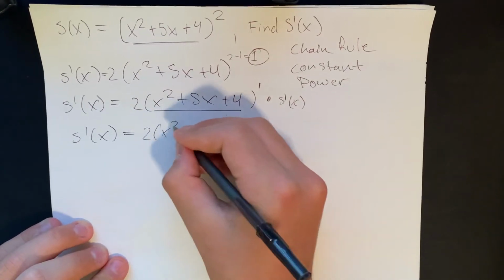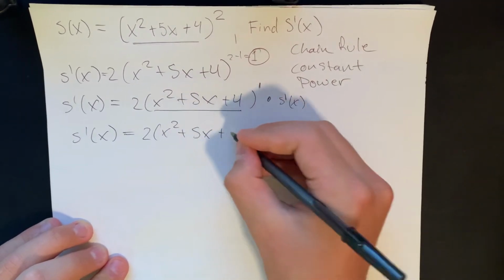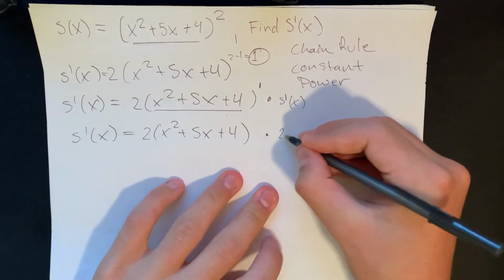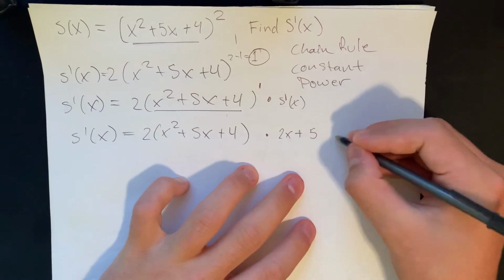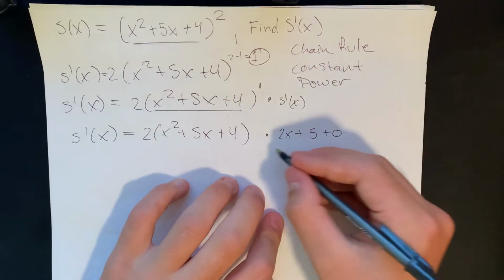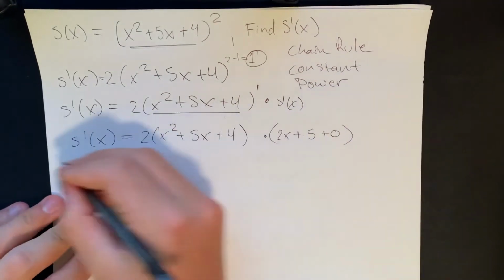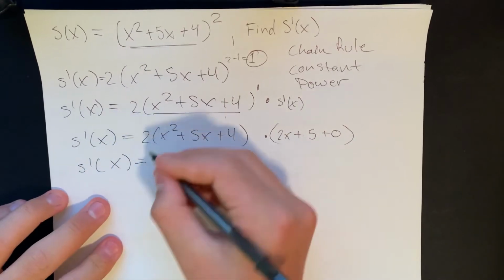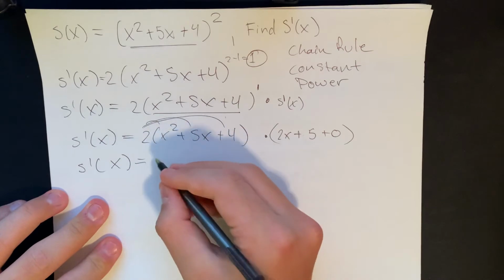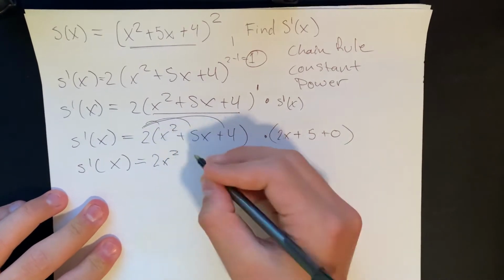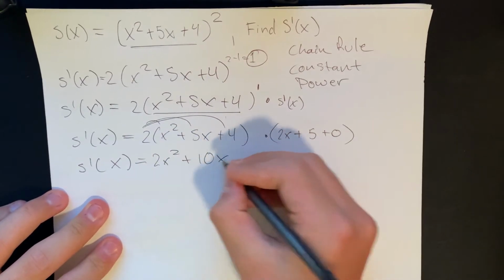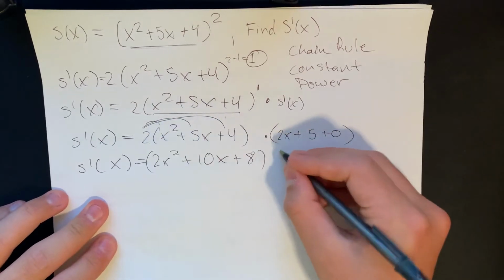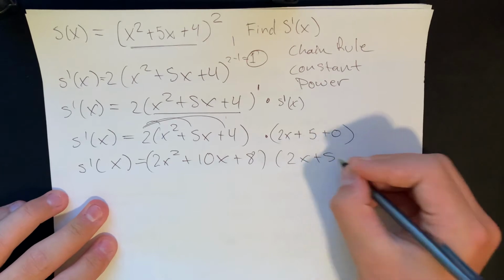So it'll be like this, equals 2 times x squared plus 5x plus 4 times, and then you take the derivative of that, which will be 2x plus 5 plus 0 for your constant. And you simplify these together, so it'll be s prime equals, distribute this, 2x squared plus 10x plus 8, and you multiply this times 2x plus 5.